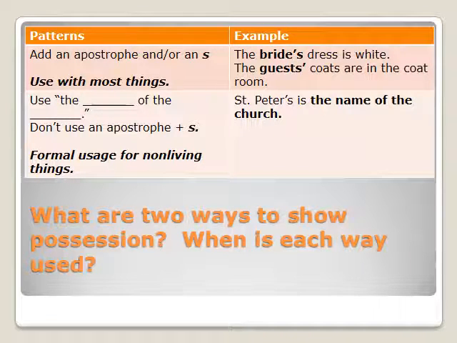And this is done with non-living things, and it's a formal usage for non-living things. So another way that we can say St. Peter's, we can say St. Peter's is the church's name, and that would be more informal, but the formal way would be the name of the church.